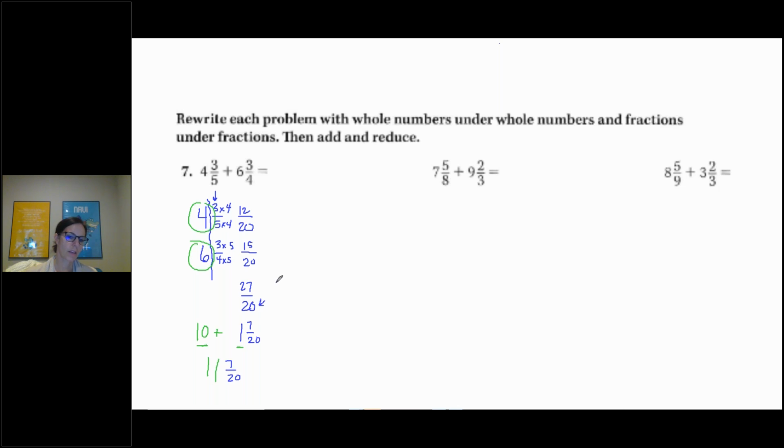I'm going to write it like a division problem. 20 goes into 27 one time with a remainder of 7. Can you follow that? Yeah. So that's how I got it. It's 1 with 7/20.